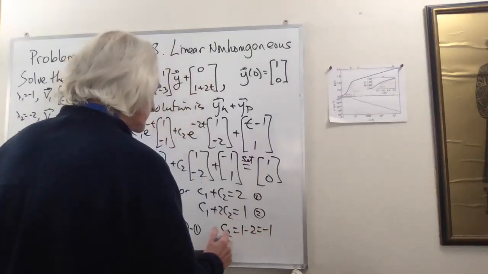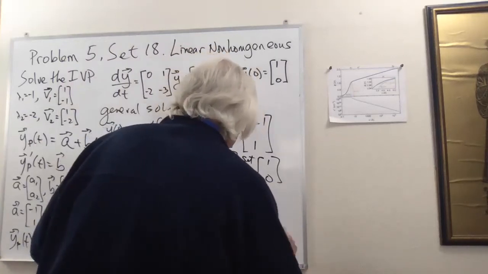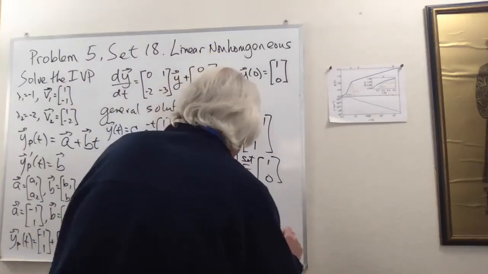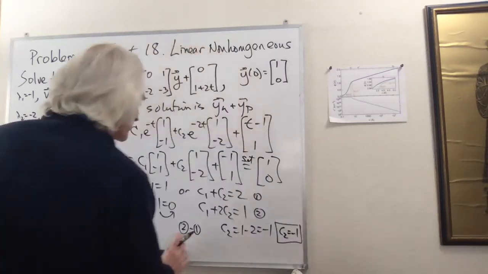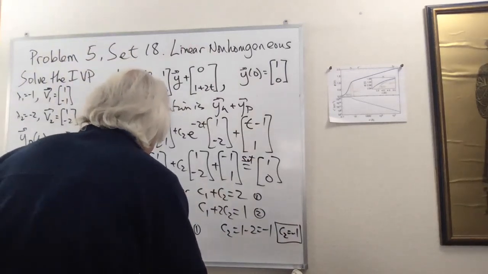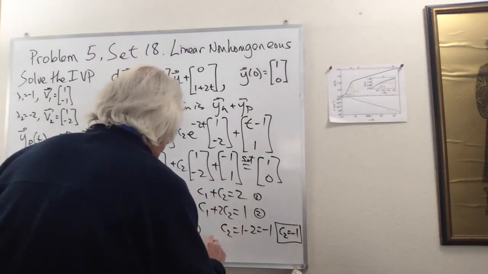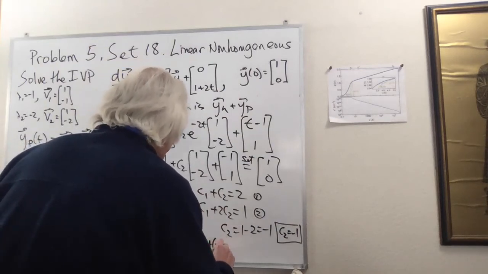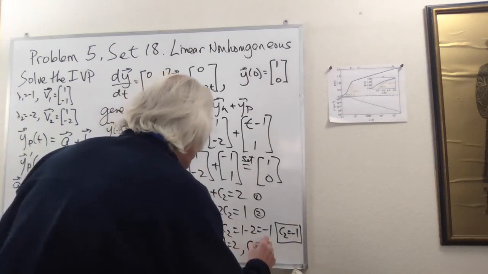So C2 is -1, right? And now that I know that C2 is -1, I'd probably plug it into 1. 1 gives C1 plus -1 equals 2, or C1 is 3.